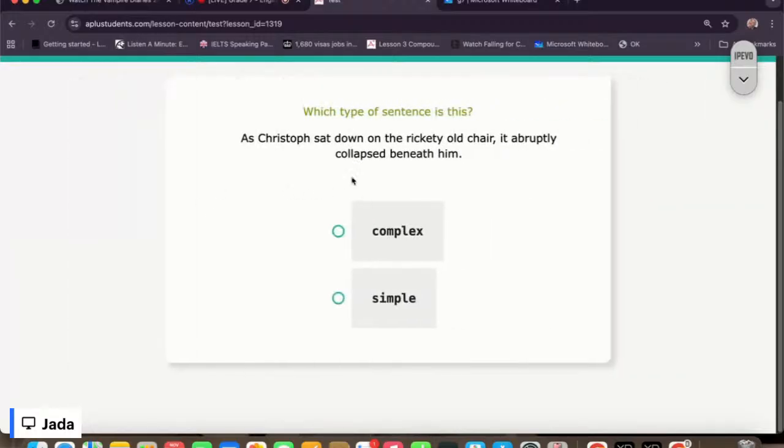All right. So: as Christopher sat down on the rickety old chair, it abruptly collapsed beneath him.